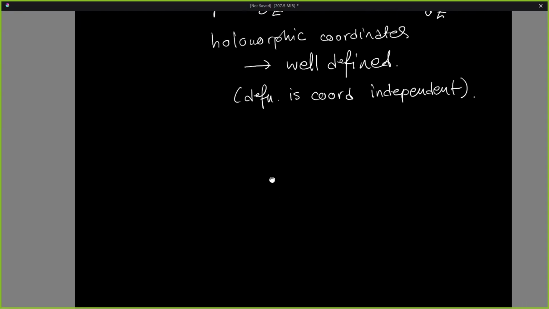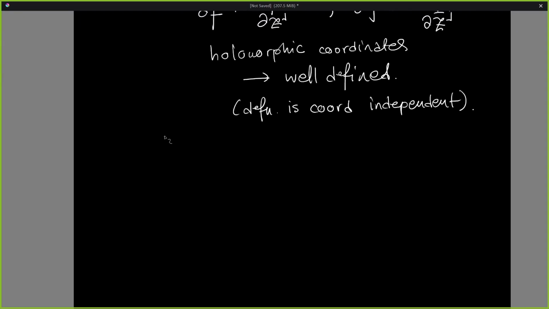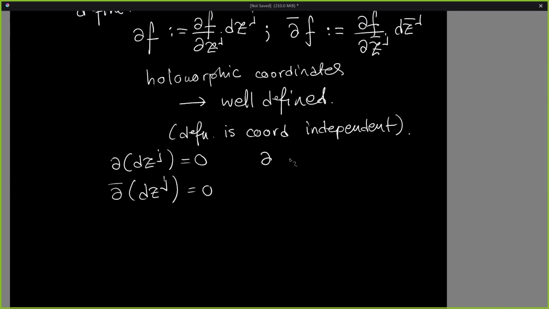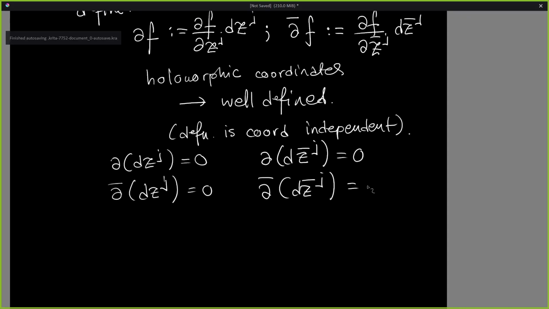Okay, so we also define the fact that partial of dz j is equal to 0, partial bar of dz j is equal to 0, partial of dz bar j is equal to 0, and partial bar of dz bar j is equal to 0.